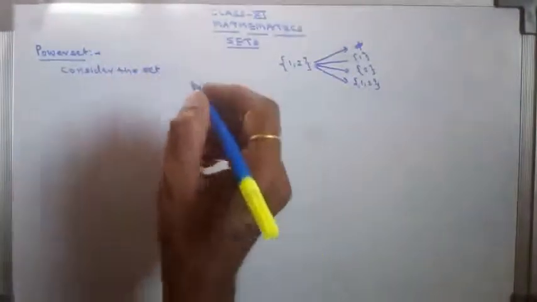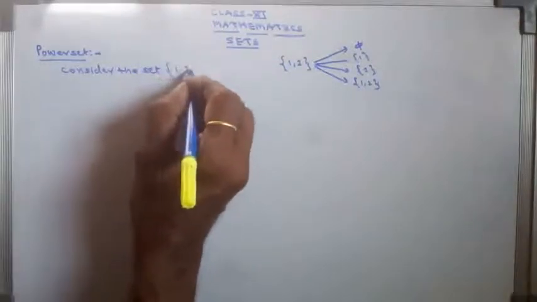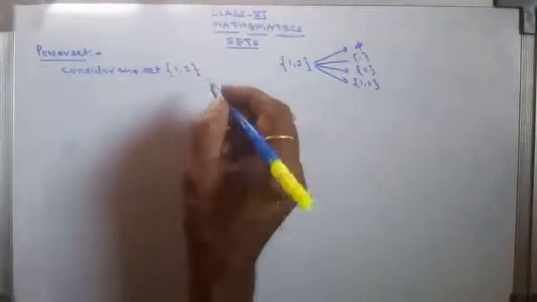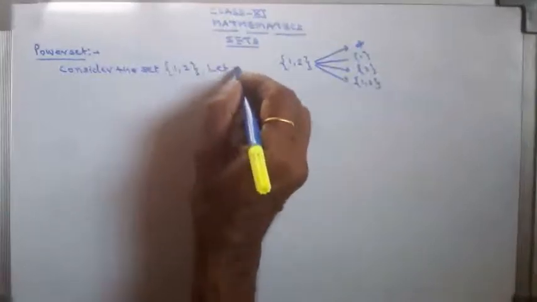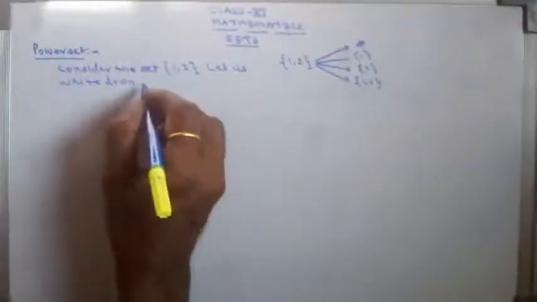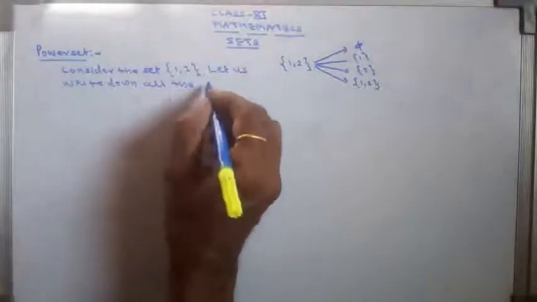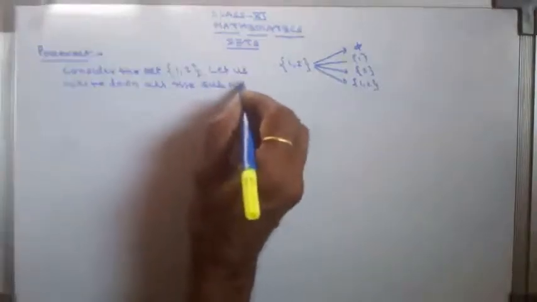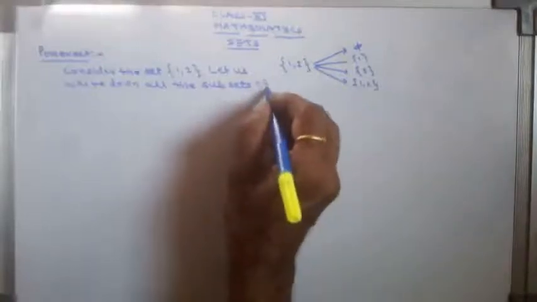Okay, consider the set containing 1 and 2. Let us write down all the subsets of the set 1, 2.